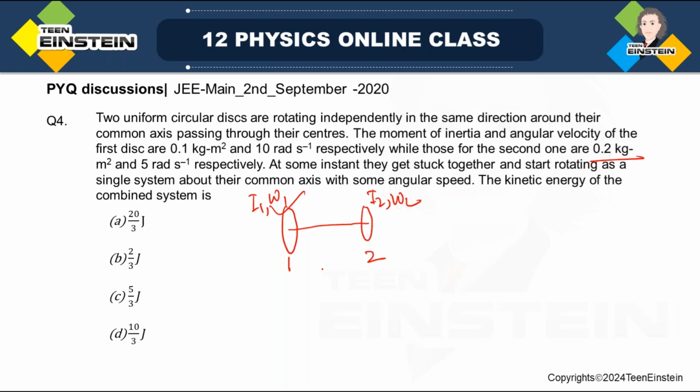Now when they stick together, angular momentum remains constant. So this problem can be solved using angular momentum conservation.